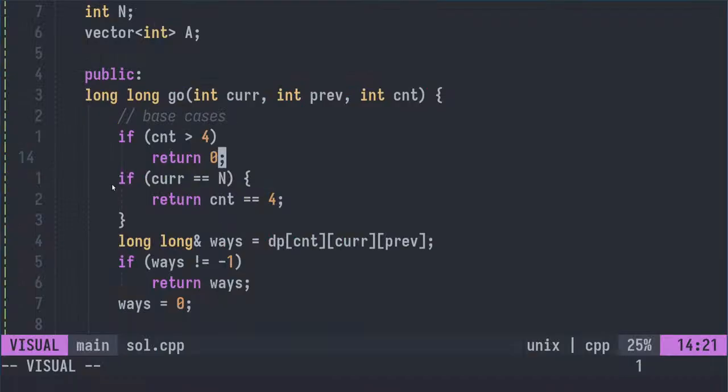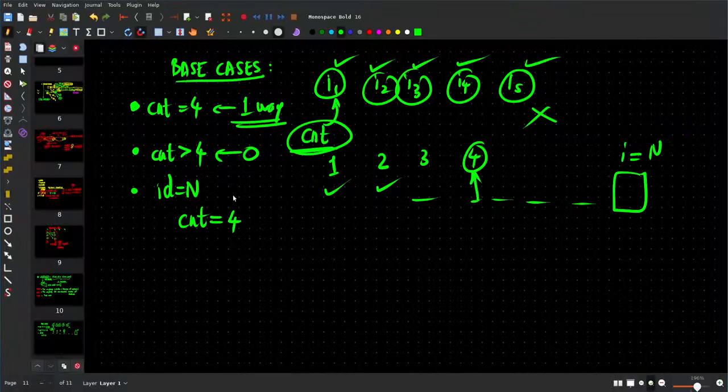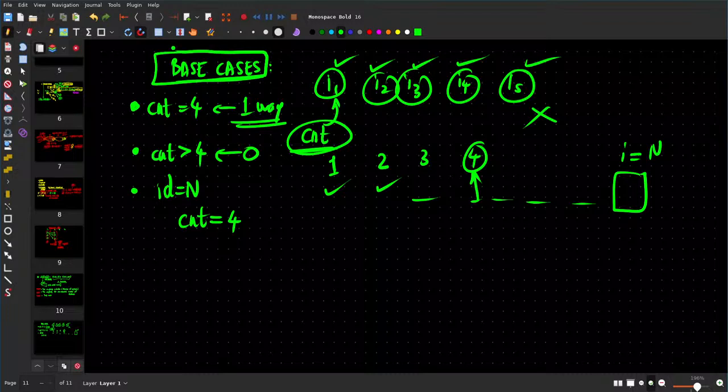So notice that if we have exhausted the indices and we have exactly 4 of them in the selected indices, then only then one way is considered. So these are the base conditions, and depending on different problems you will have to implement them accordingly.